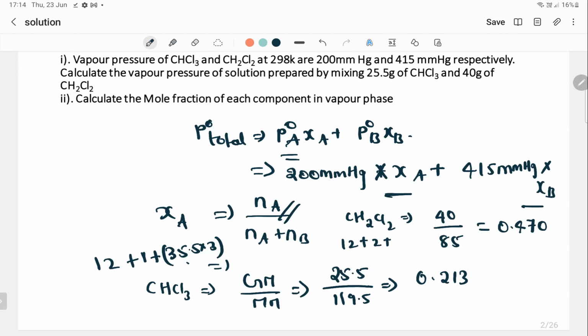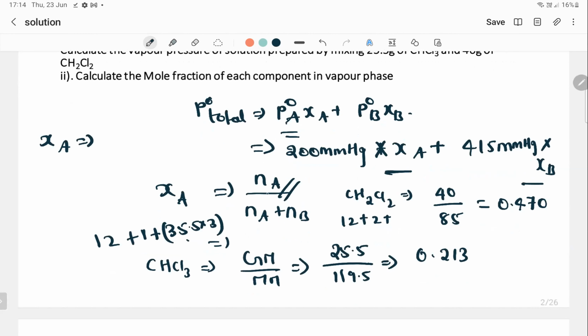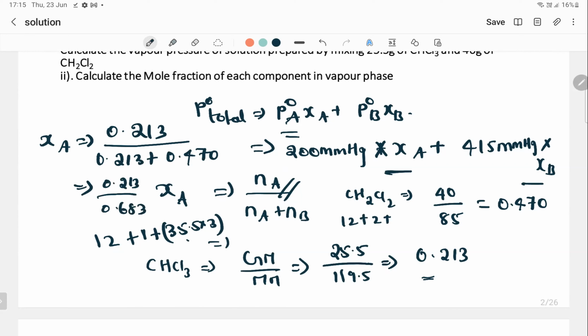Now you can find the mole fraction of component A and component B. So XA is equal to the number of moles of A, that is 0.213 divided by 0.213 plus 0.470. Clear? So 0.213 divided by 0.683, which means your answer is 0.311.